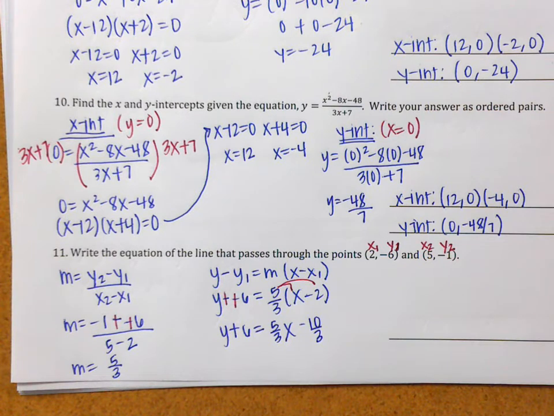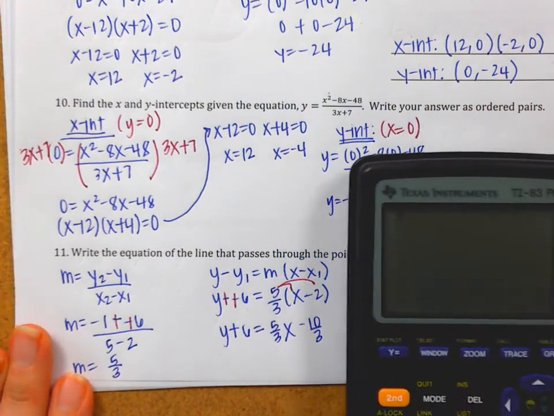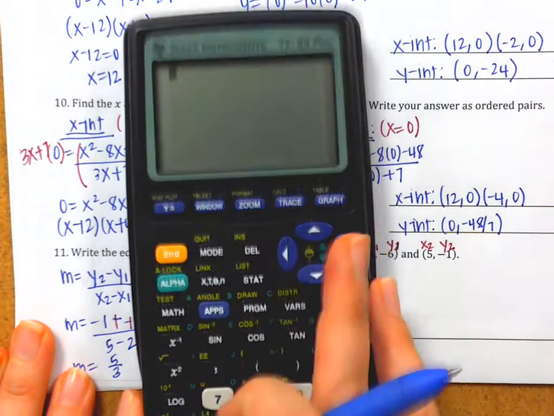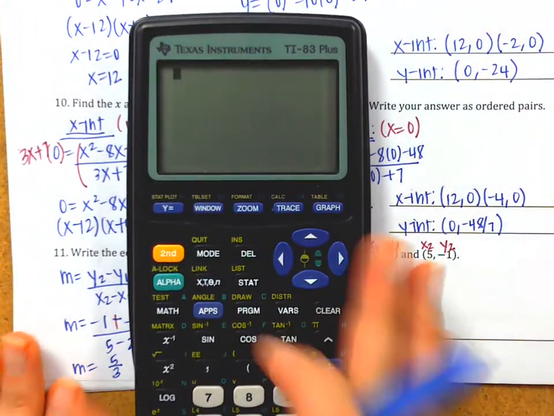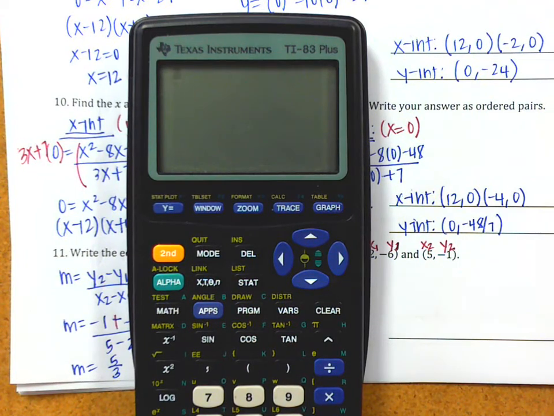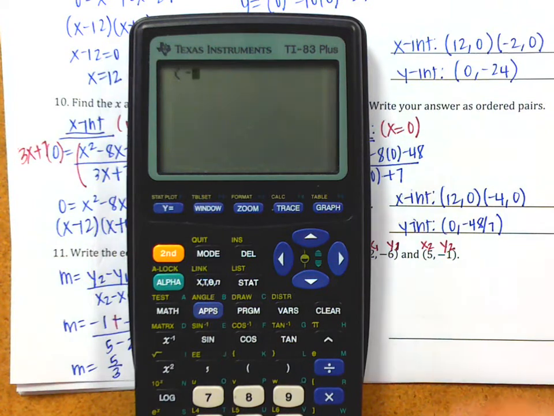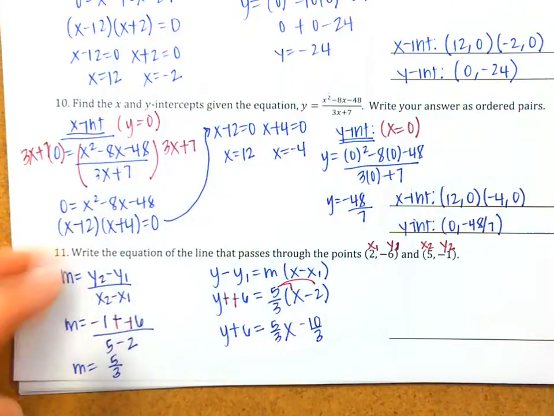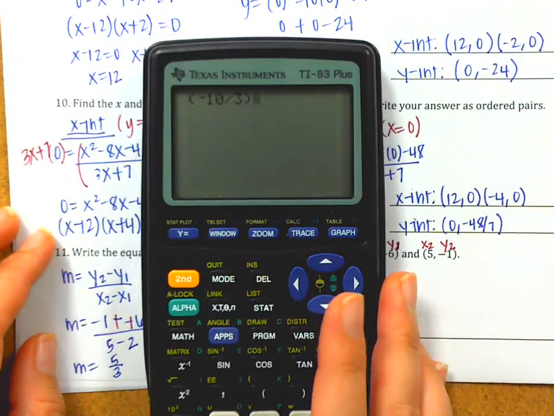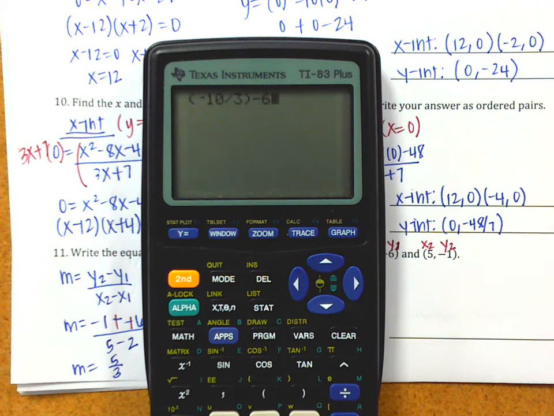And then to get my final answer, I would subtract 6. And I'm just going to do that in my calculator. So in my calculator, let's see if you guys can see that. Kind of. Okay, so I would do -10/3, I think. Yep. Minus 6.